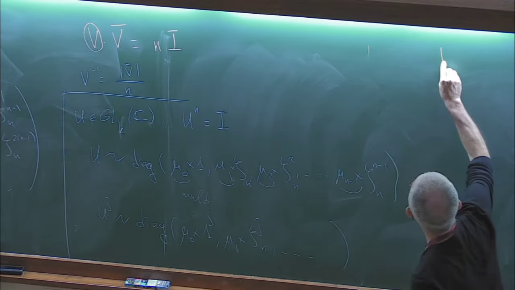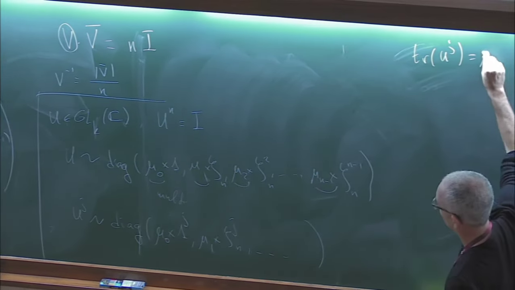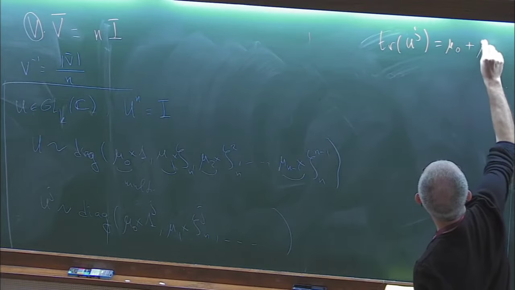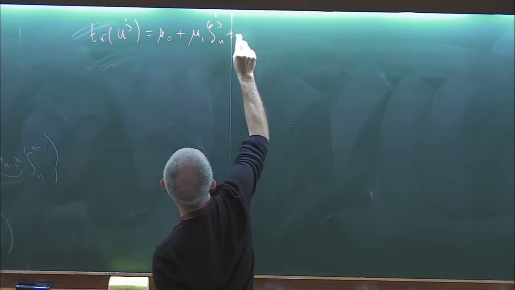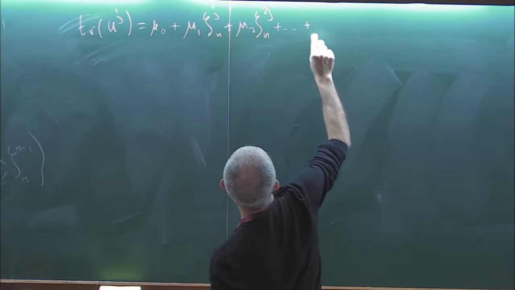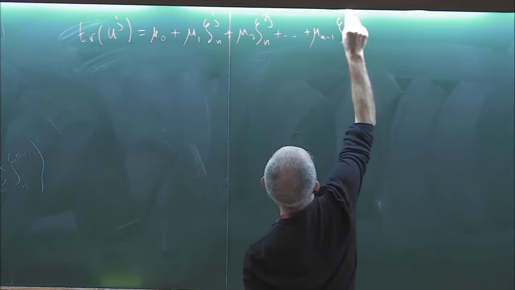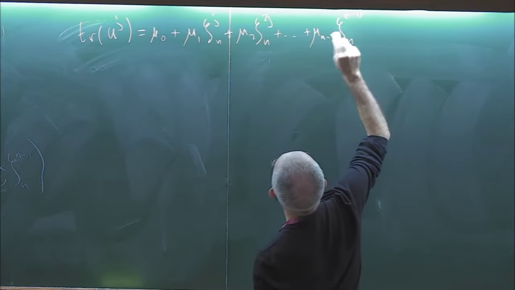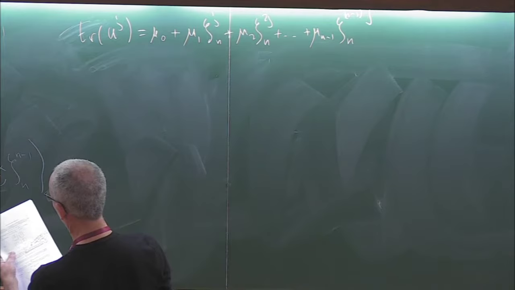Then it's clear that the trace of u to the j is mu 0 plus mu 1 theta to the j, plus mu 2 theta n to the 2j, etc. So I can write this in the following format.